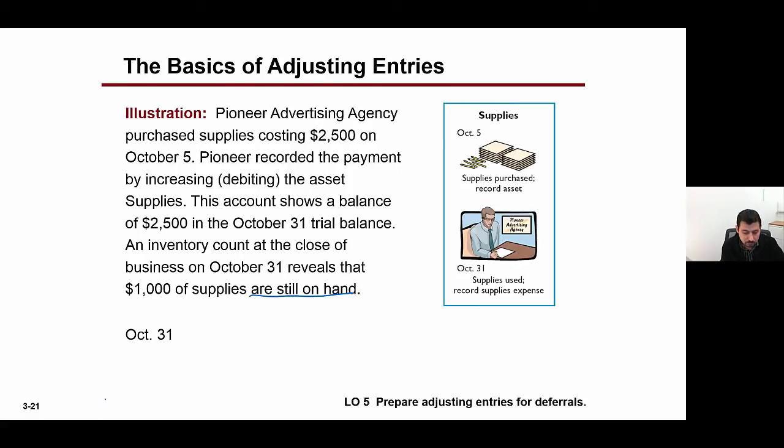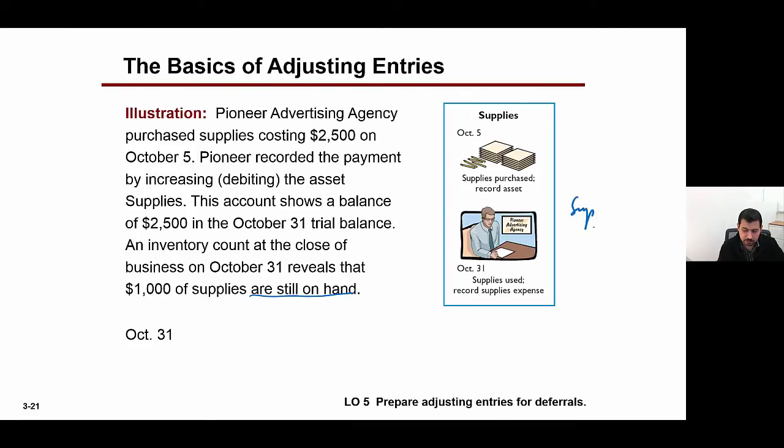So if we leave the trial balance without adjustment, the information would be wrong. Actually, it would be outdated because it would reflect the time when the supplies were bought on the 5th of October and not the end of the month. So in order to fix this, we make a journal entry.